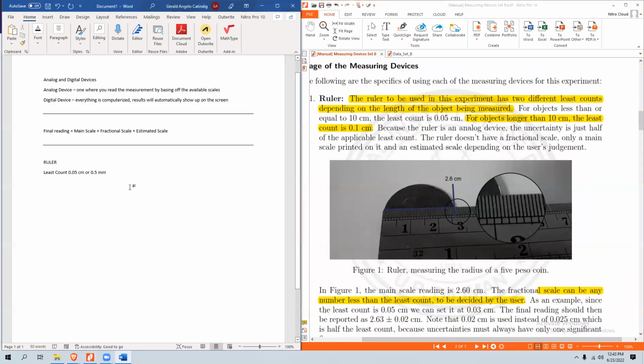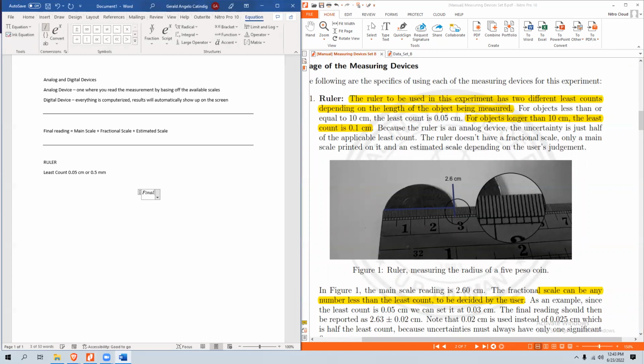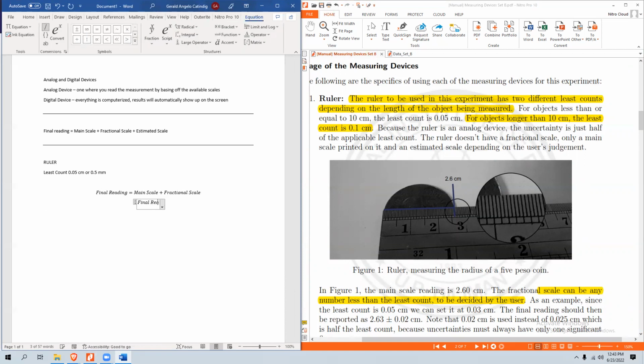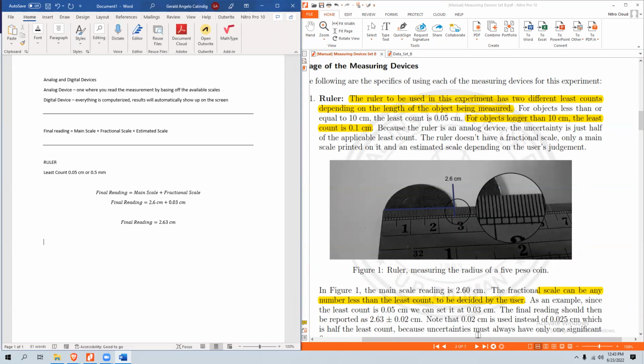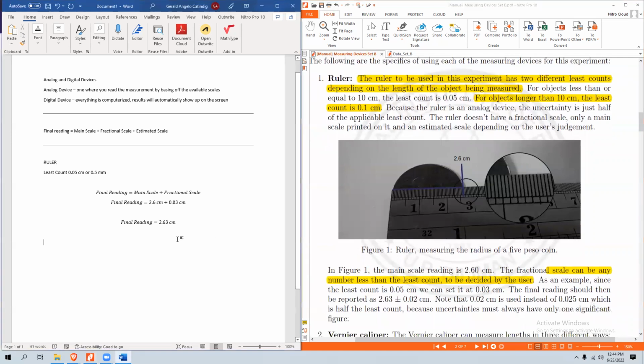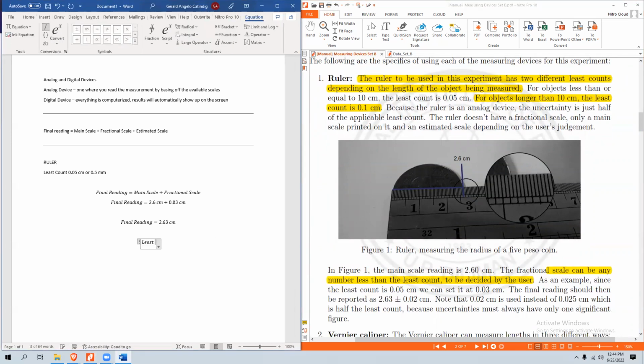So the final reading would be main scale plus fractional scale: 2.6 centimeters plus 0.03 centimeters, or 2.63 centimeters. Now, the uncertainty here is half the least count. Again, half the least count is 0.05, so the uncertainty should be 0.025 cm.